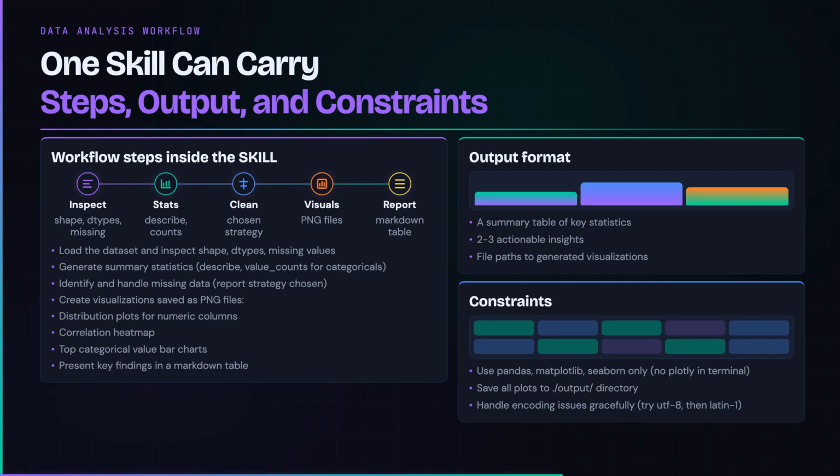It creates PNG visualizations, distribution plots for numeric columns, a correlation heat map, and top categorical value bar charts. The output is a markdown table, a summary table of key statistics, 2 to 3 actionable insights, and file paths to generated visualizations. The constraints are pandas, matplotlib, and seaborn only, no plotly in terminal, save plots to ./output, and try UTF-8 before Latin 1.